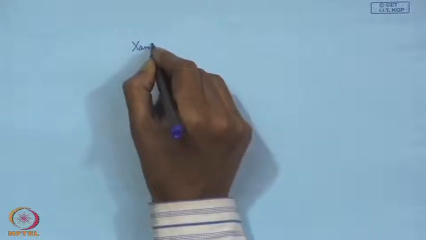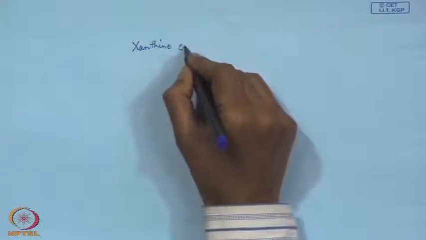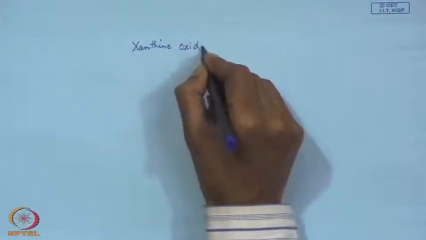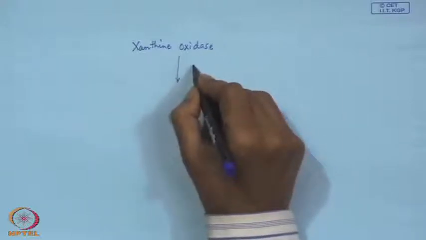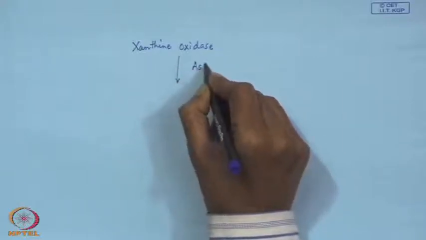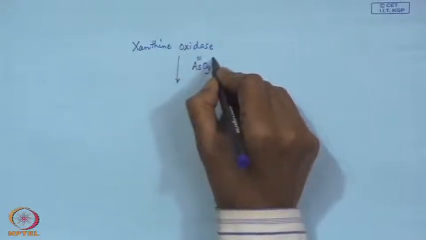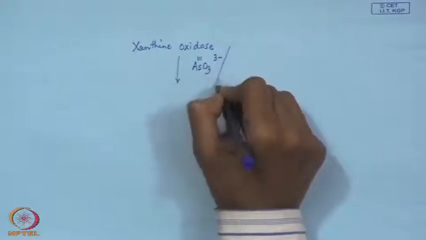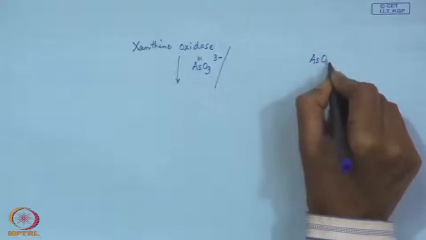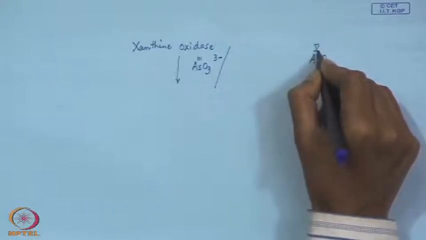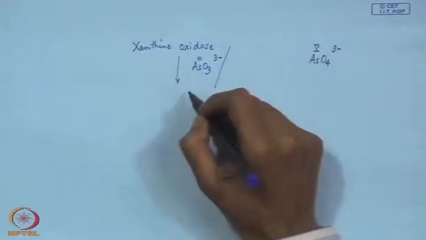So, if we have xanthine oxidase and we are trying something with AsO3 3 minus, and we are not using any species related to arsenate, then arsenite will be there.